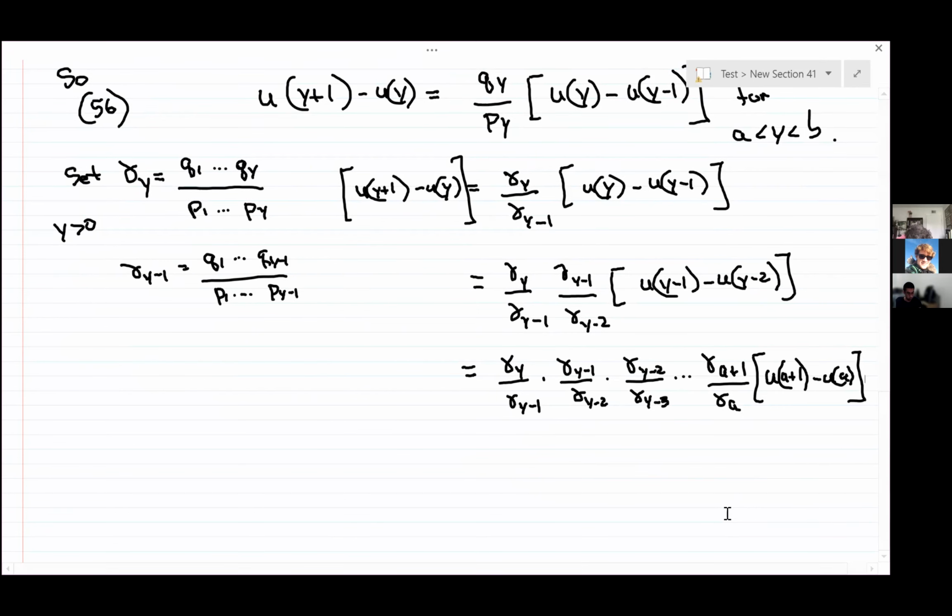Now we can simplify this because the gamma of y minus 1 and the gamma of y minus 1 cancel each other, and gamma of y minus 2 and gamma of y minus 2 cancel each other. And so all of this could be simplified to just give us what?